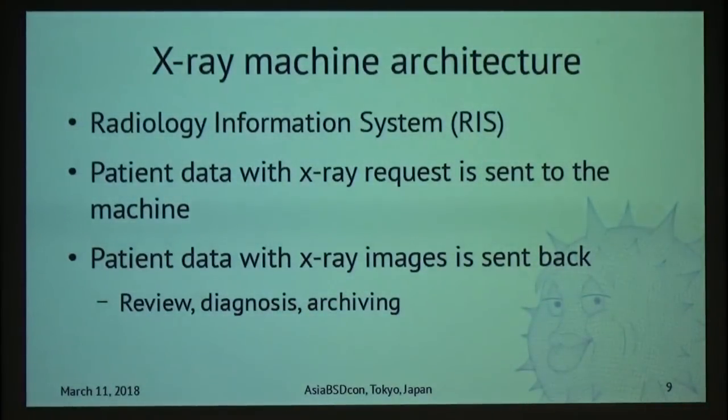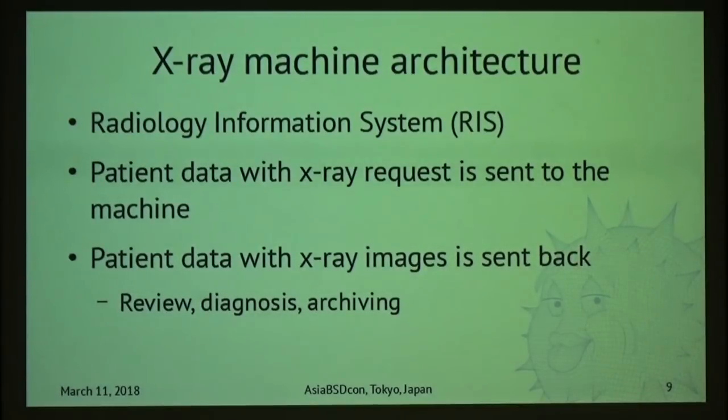The X-ray machine, in turn, is connected to a radiology information system. And basically, the workflow is there's a request for X-raying some part of the body being sent to the X-ray machine or the X-ray room or however you want to put this, because the machine doesn't really cut it anymore, I think.